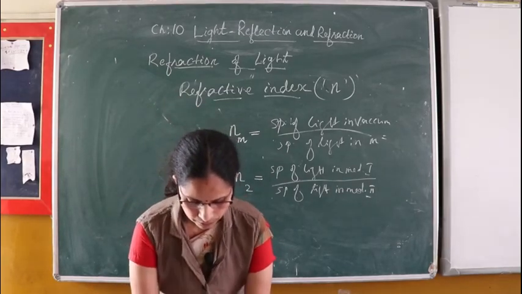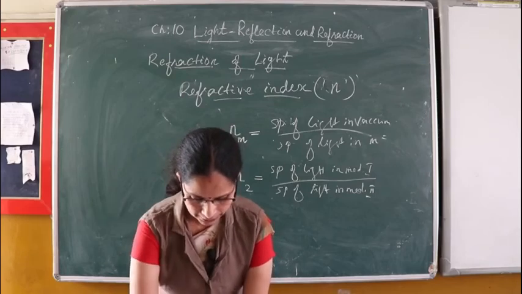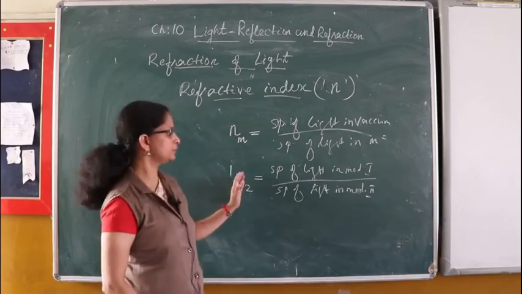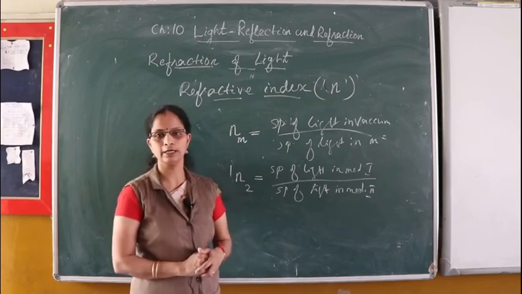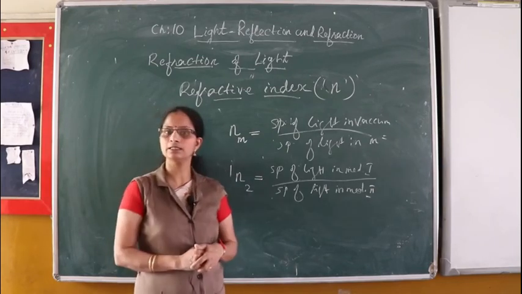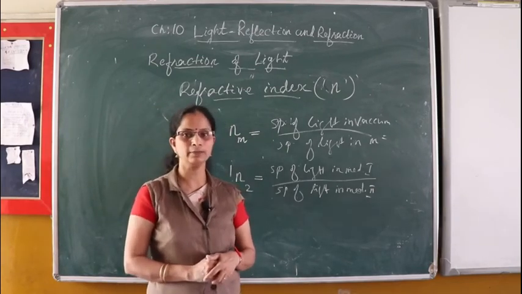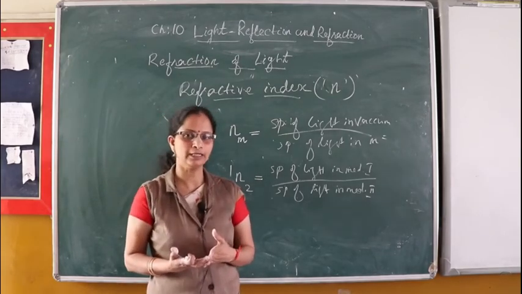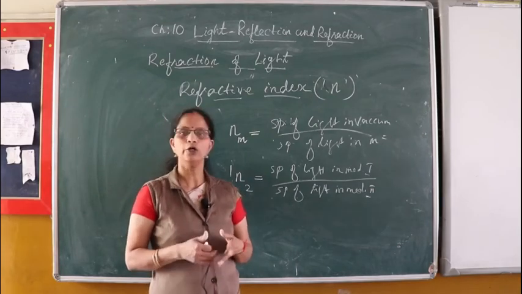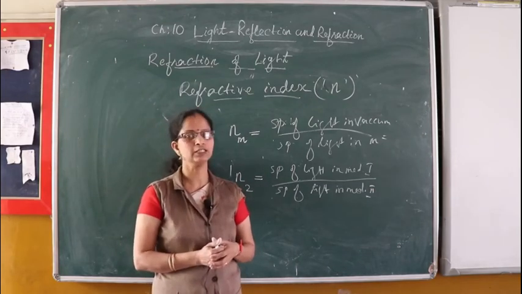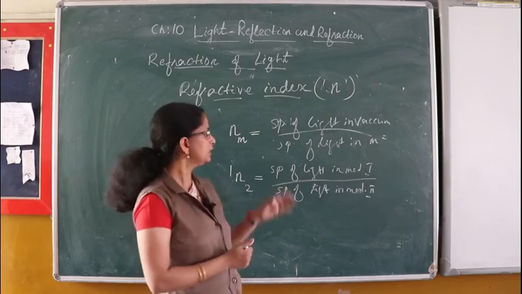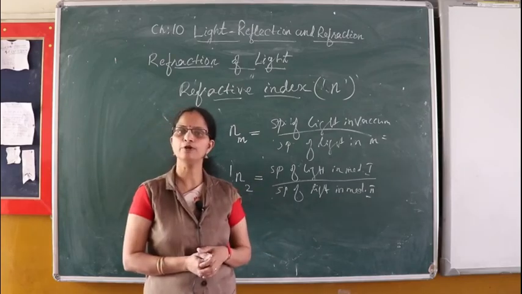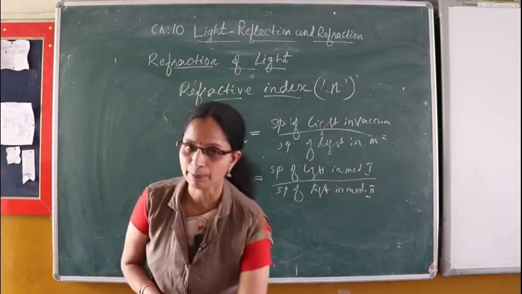Now, refractive index is related to optical density, as we said earlier. Optical density is nothing related to mass density. That means a medium having a higher optical density may have a lower mass density. Here it depends on the speed of light in that particular medium.